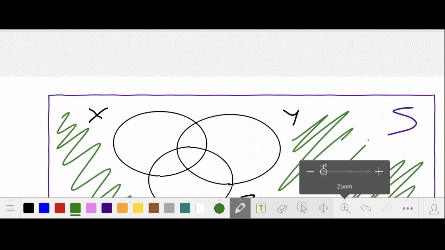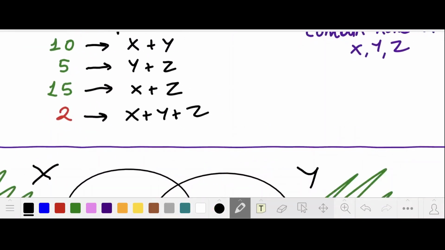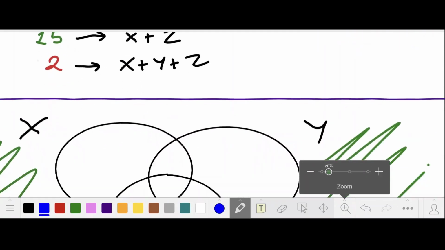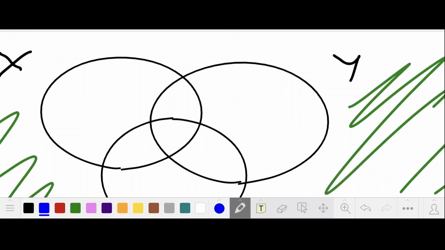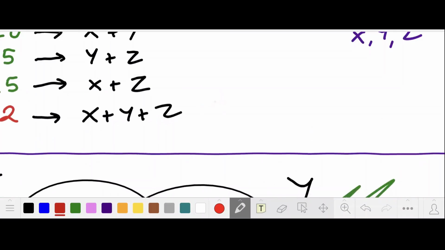All right? We know that 2 of our bacteria contain all three plasmids. This means that the number of bacteria that are in the central region of our graph are 2, because this corresponds to the intersection of X, Y, and Z.